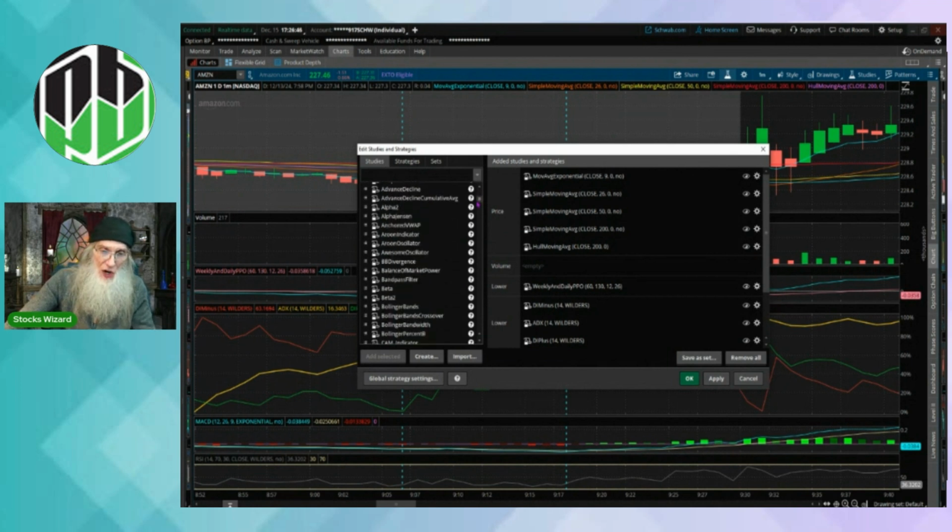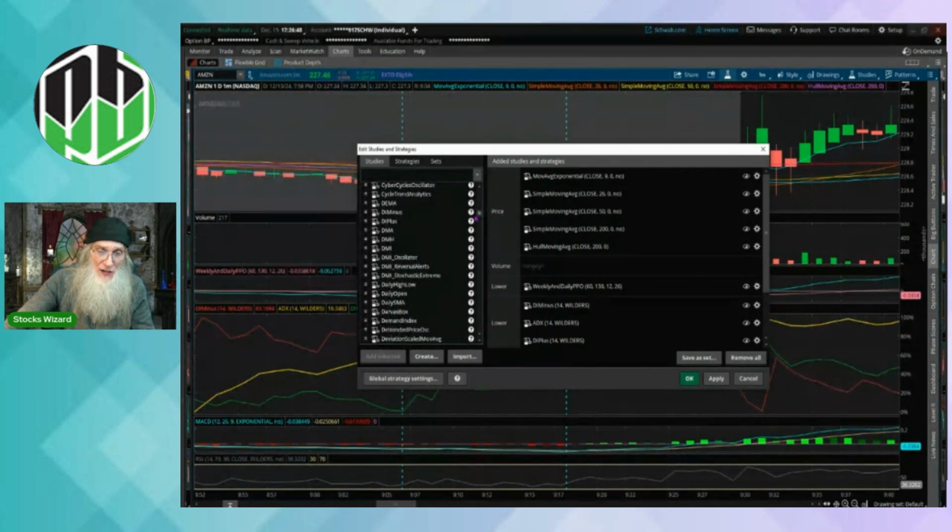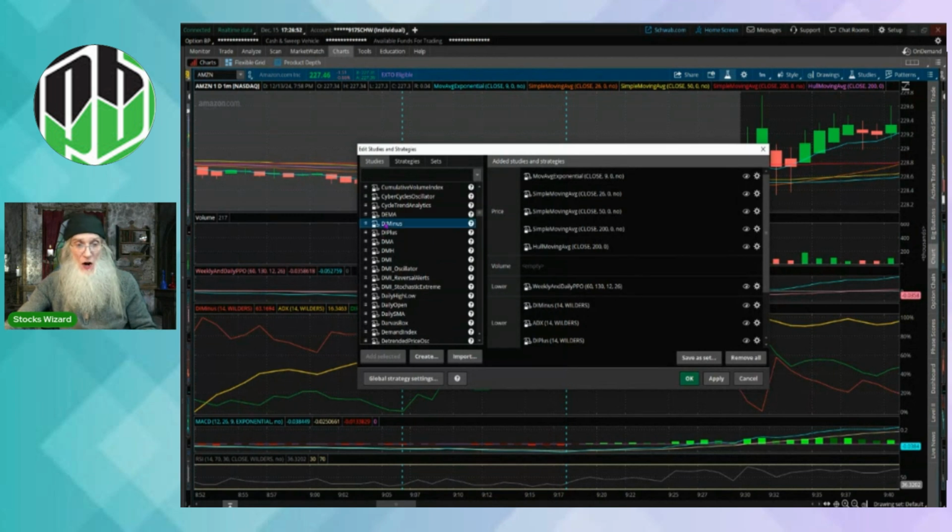What you've got to do is come down to the D's, and you've got to look for the plus and minus right there. We have D minus and D plus. Each one you have to add individually. Hit D minus, hit Add Selected, hit Apply, then come over, hit D plus, hit Add Selected, hit Apply.